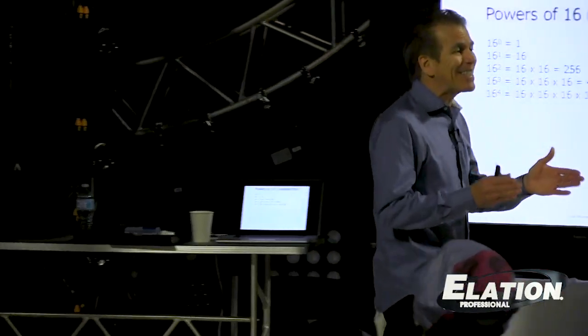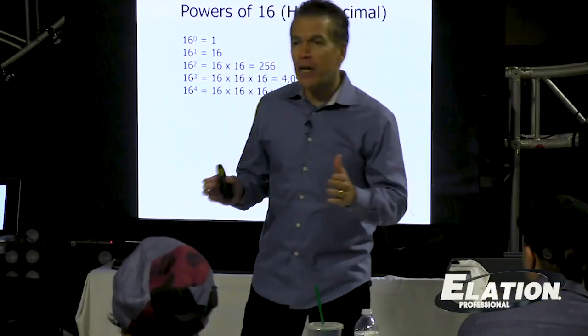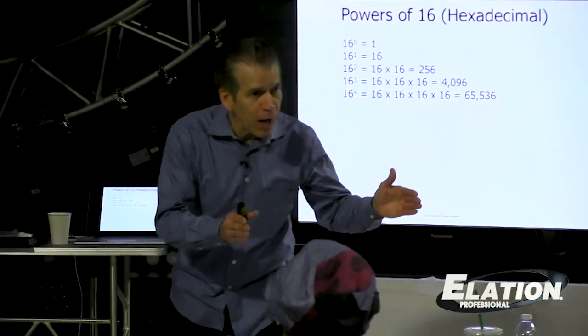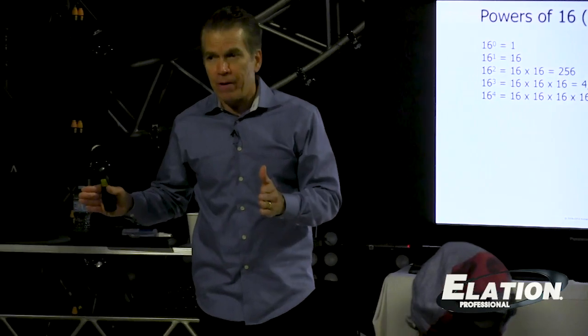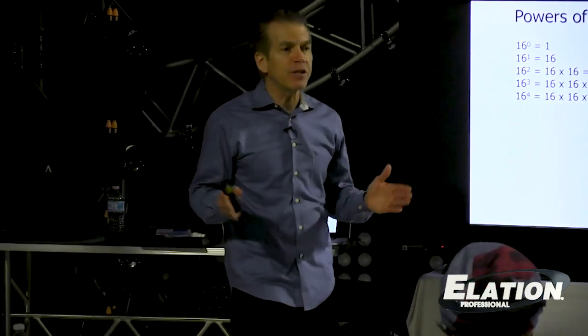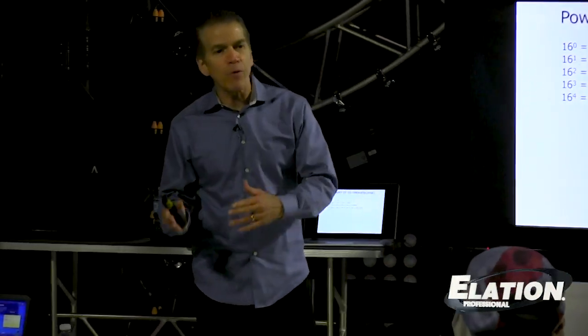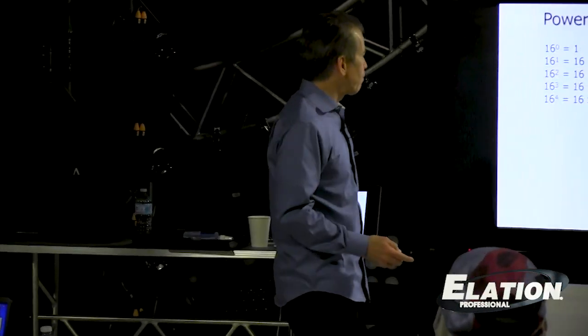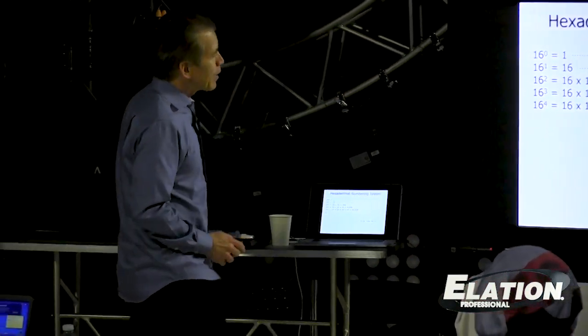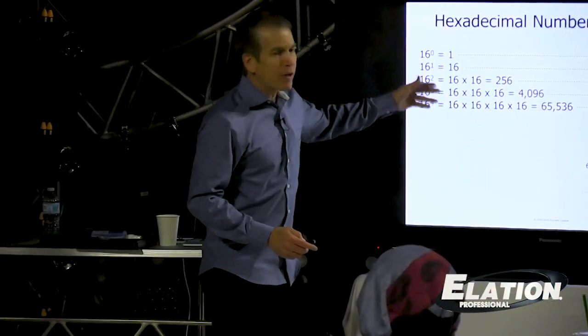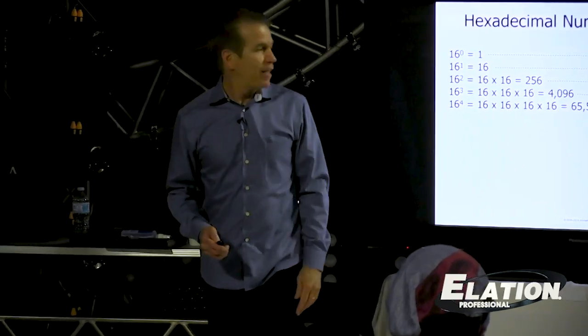Hexadecimal is base 16, and in hexadecimal there are 16 digits, 0 through 9 plus A through F. And with those 16 digits, you can count and you can convert back and forth between decimal and count to any number. So in the hexadecimal numbering system, every column is a power of 16.